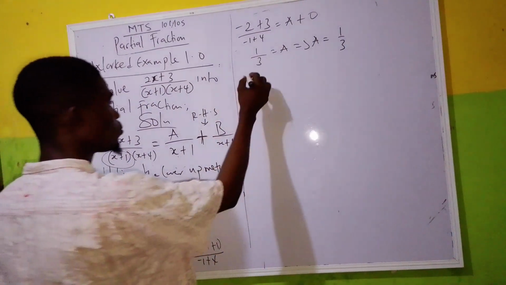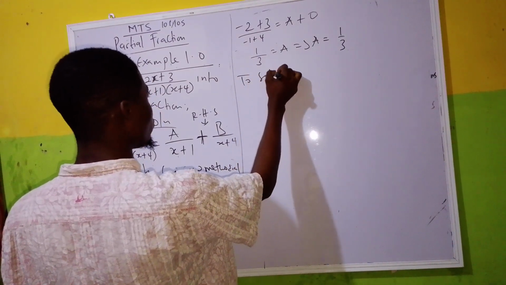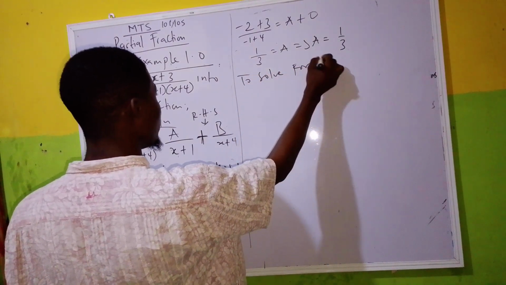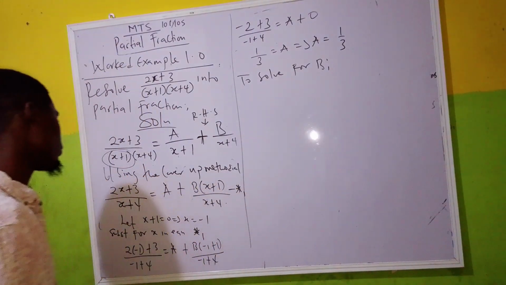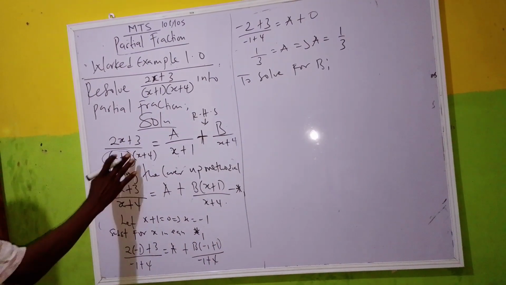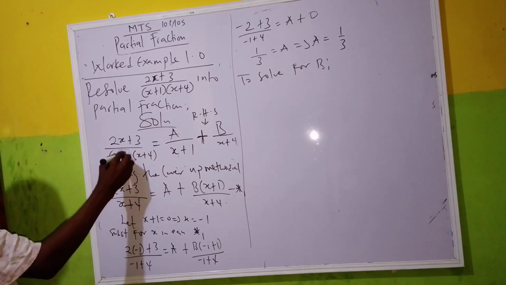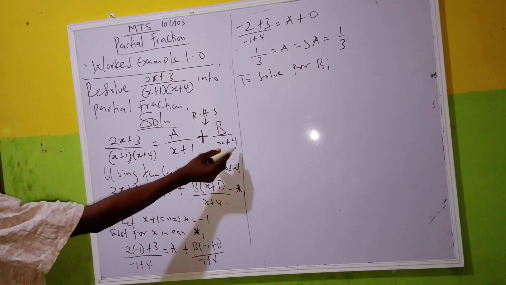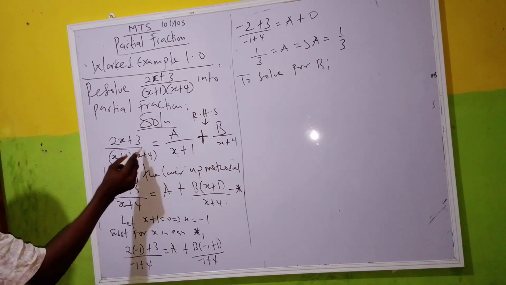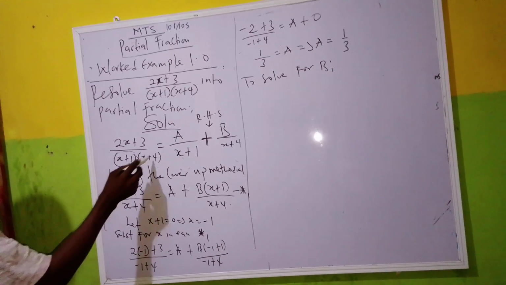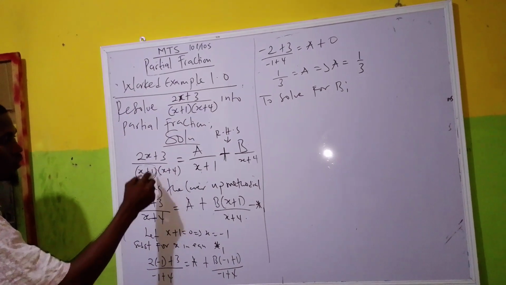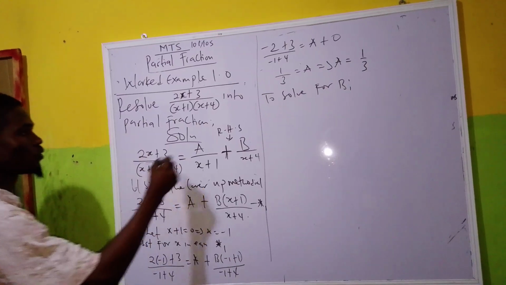So to solve for b, now we are taking care of a. So you know that this other factor is for b. Okay, so we will assume that we did not see this one, like we close eyes for this one the way we did initially. So when we close eyes for this one, it will be left with this.